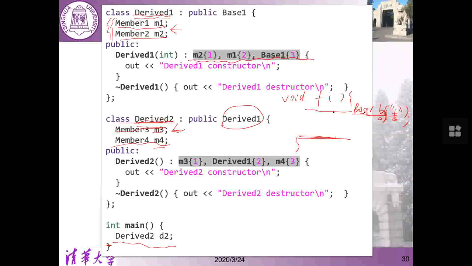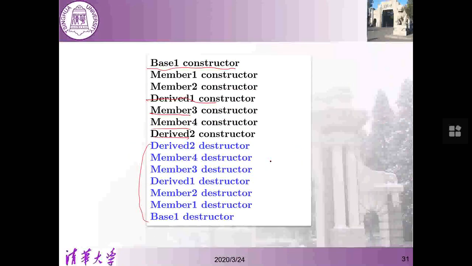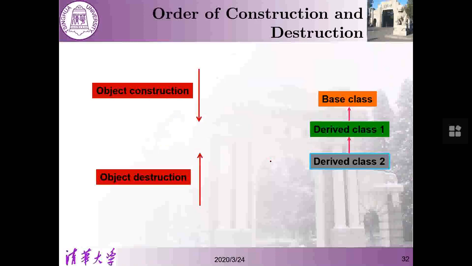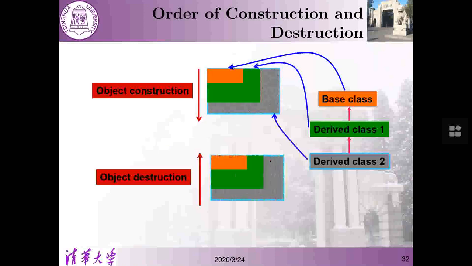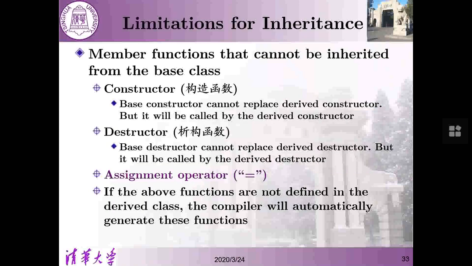So this is a way to keep a record of which functions are called when you execute your program. It's a trick based on the constructor and destructor, because you know that at the end of the scope it will be called anyway. Okay, then this is the order of construction and destruction. It's very simple and easy to understand, I think.